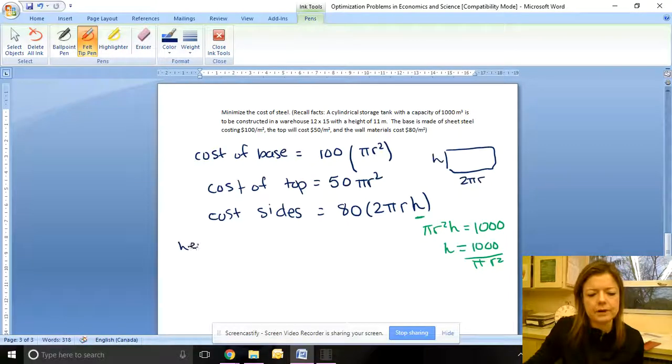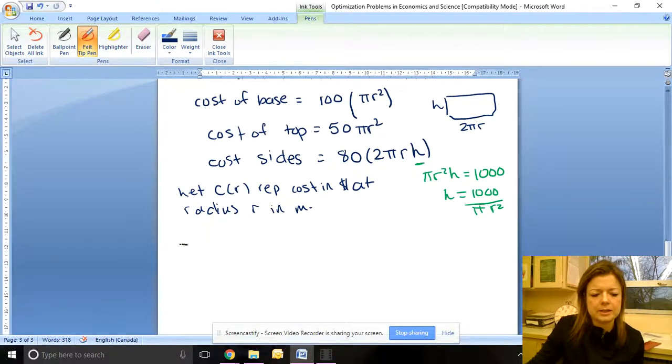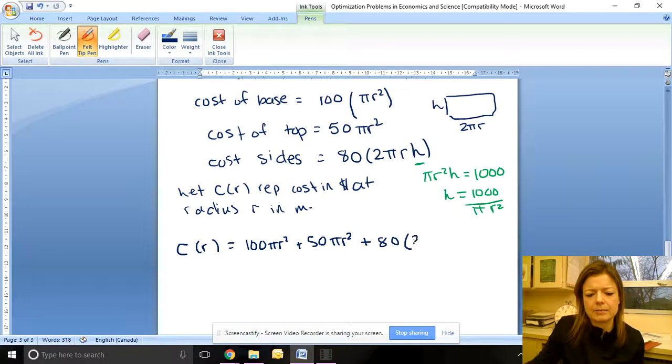Okay, so let's go ahead and make our function then. So we're going to identify our variables. Let C(r) represent cost in dollars at radius r in meters. Okay, so we're going to do the sum here. So C(r) equals 100 pi r squared plus 50 pi r squared plus 80 times 2 pi r times 1,000 over pi r squared.